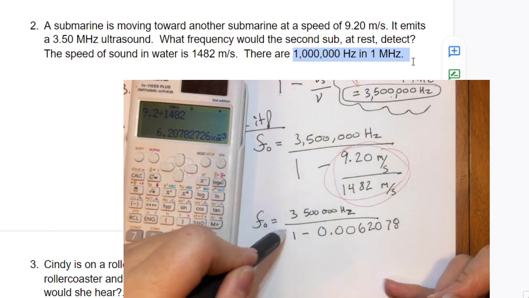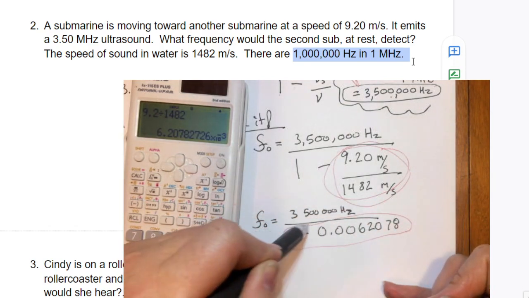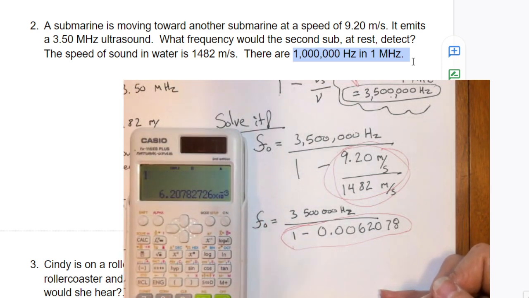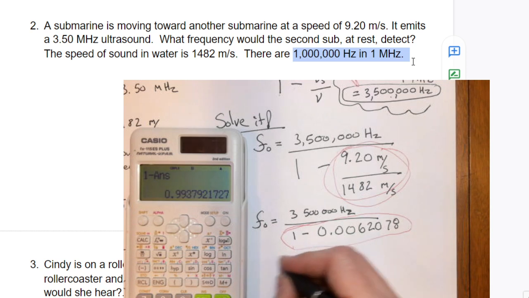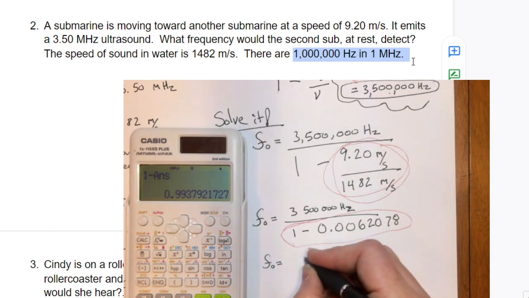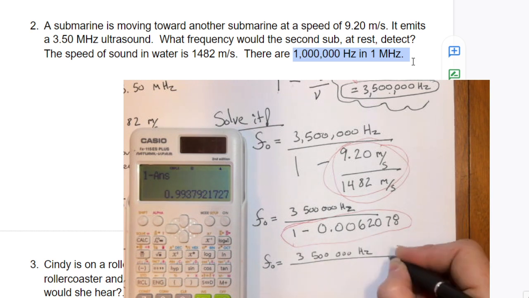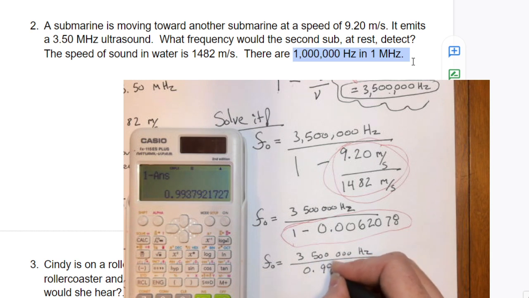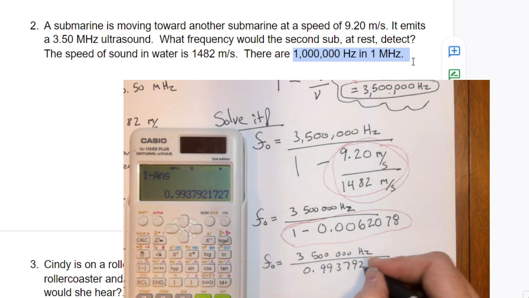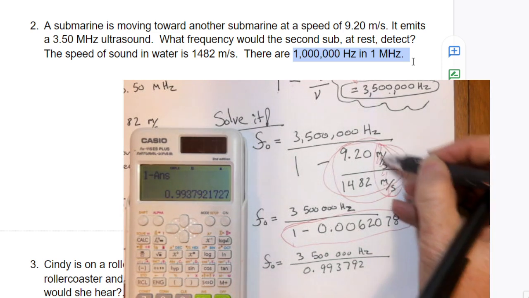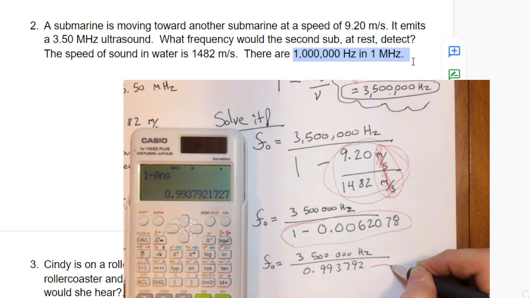Next step for order of operations is to subtract: 1 minus that answer. I get the frequency observed equals 3,500,000 hertz divided by 0.993792. I do not use significant figures until I get to the final end result. Don't forget that the units canceled out, and that's why I didn't write any units in the denominator.